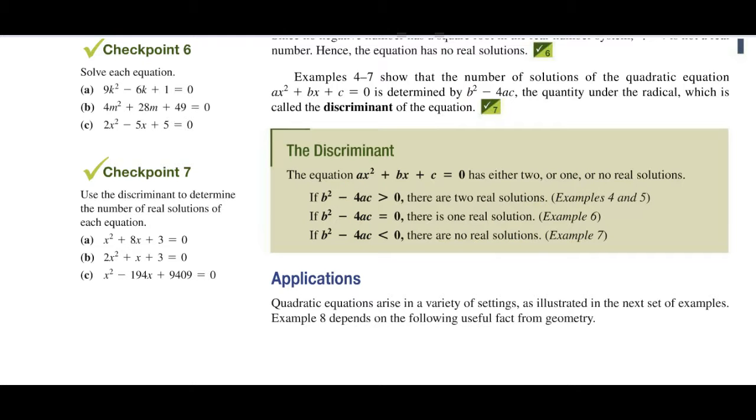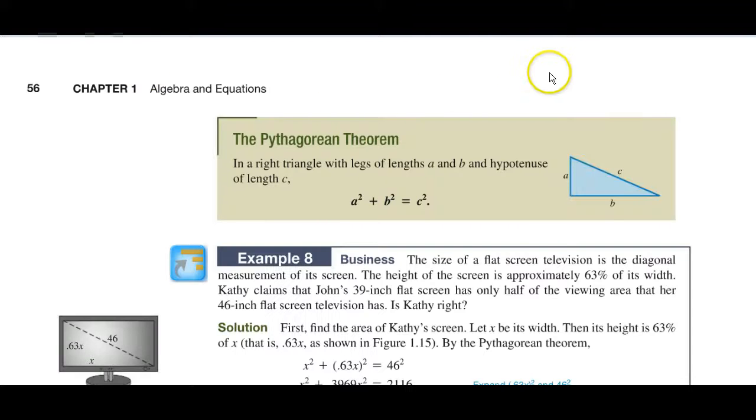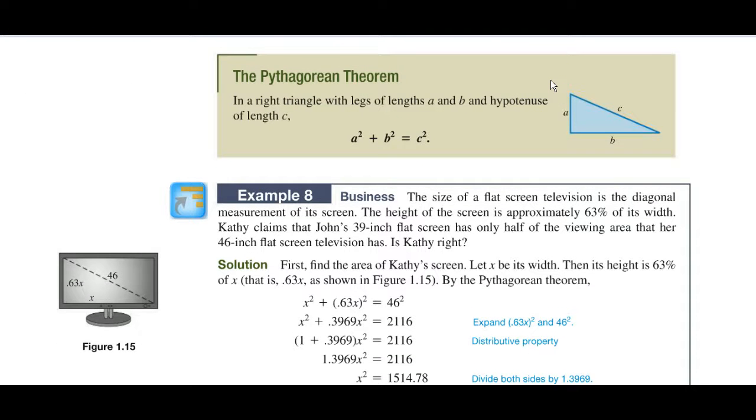Okay, now we're looking at some other things in which we use the quadratic equation, and that is right triangles that involve the Pythagorean theorem. Now there's a typical right triangle. There is your right angle right there.